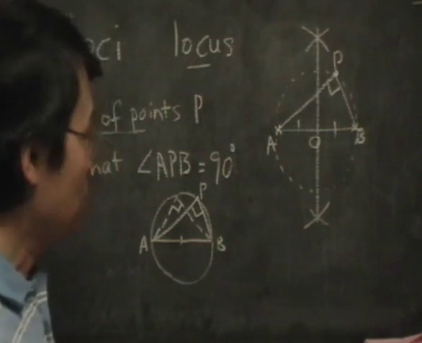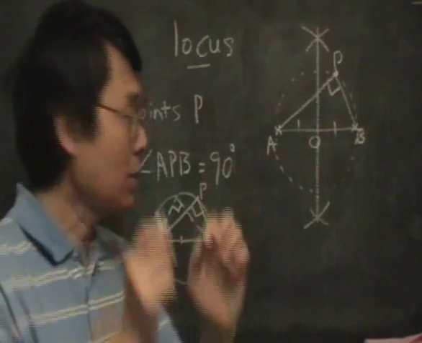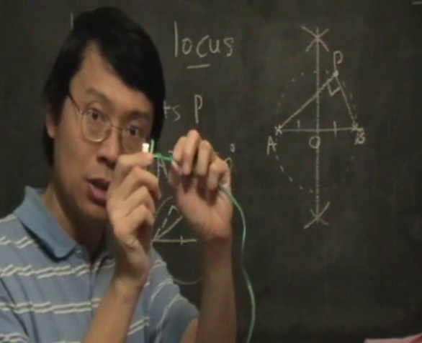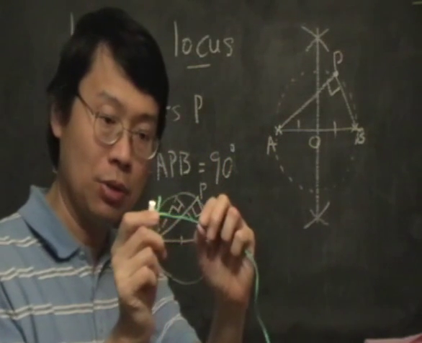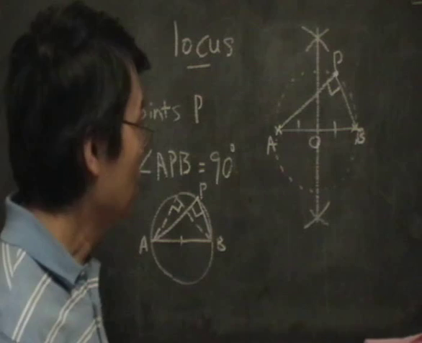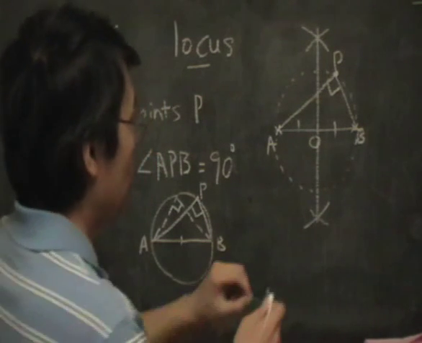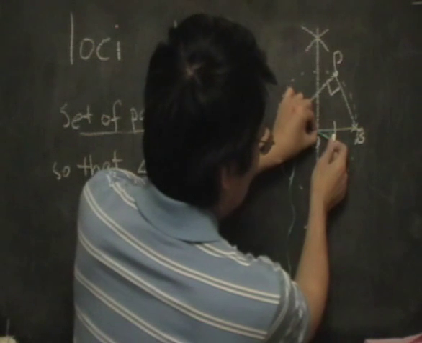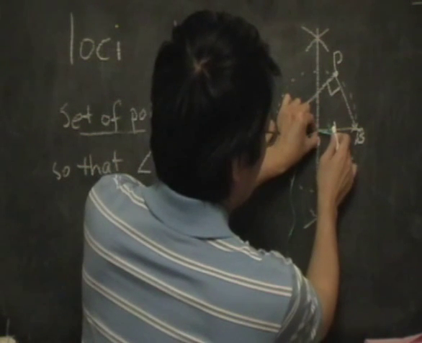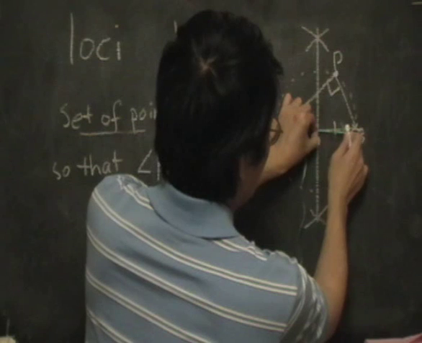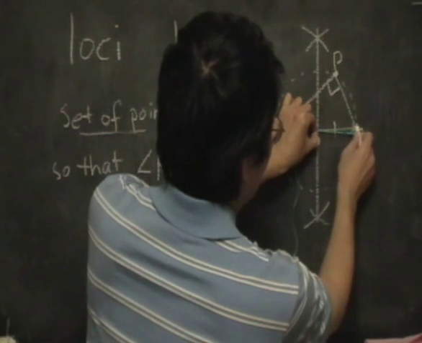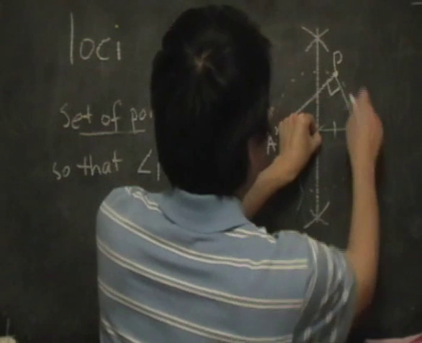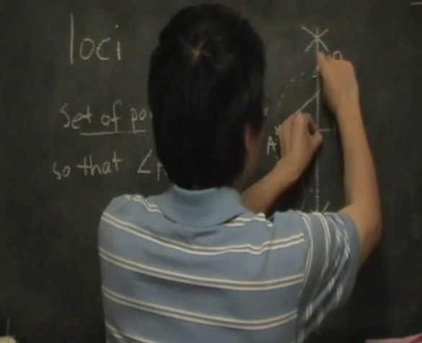Now we want to put the needle of the compass at the center, of course, and we have to adjust the width of the compass to the radius. So if I put my needle at O, I would adjust the compass until the pencil is at B. There. And now I can draw my circle.